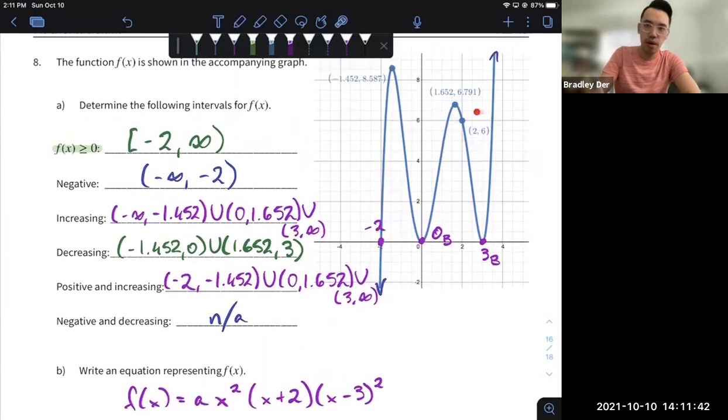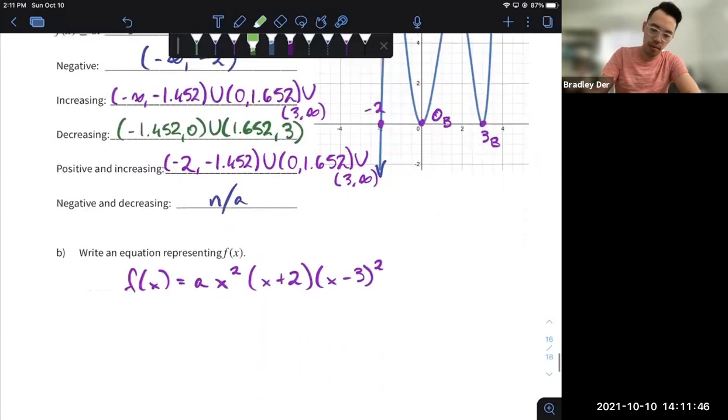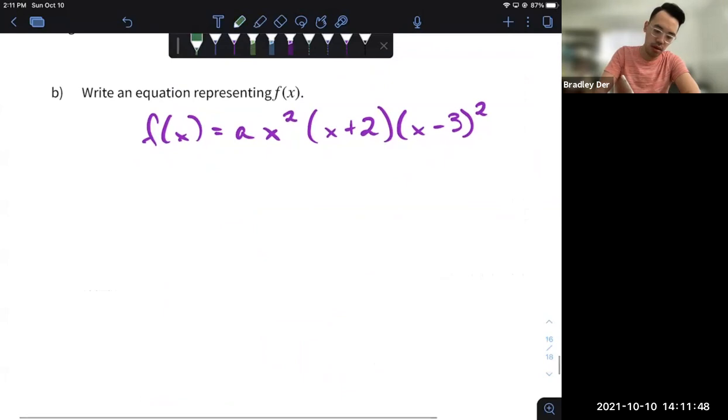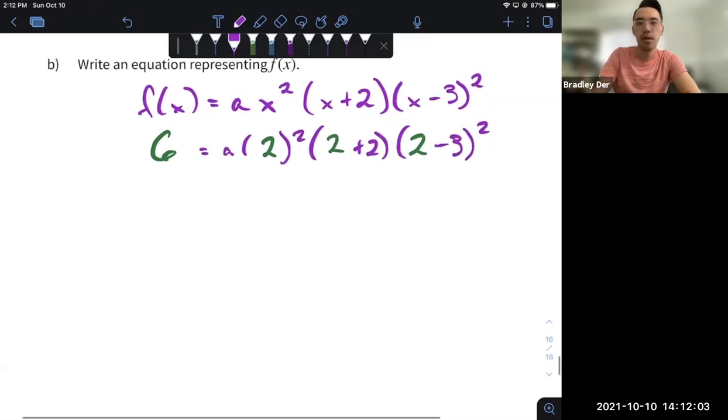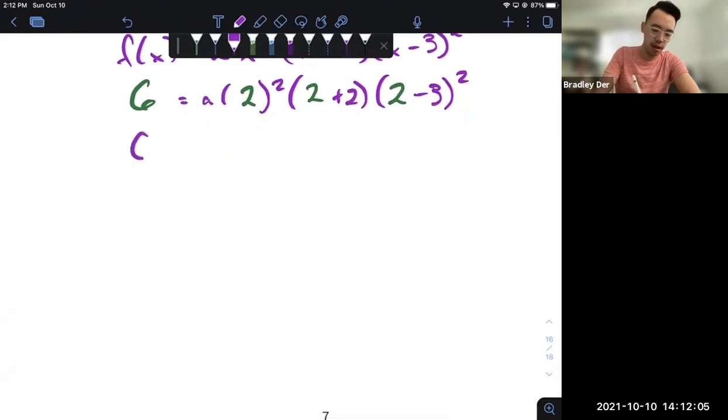Right, the ordered pair that we're going to use here is 2, 6. So 6 in for our y value, 2 in for the x's, everything else stays the same.